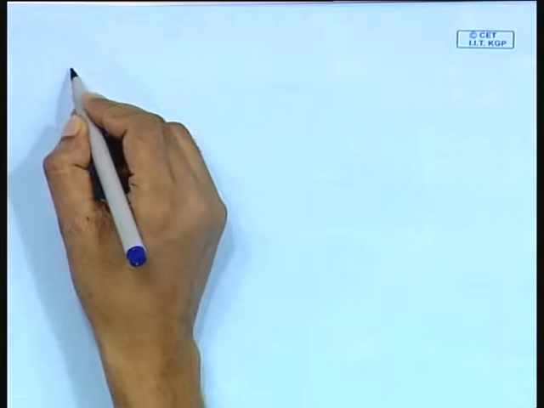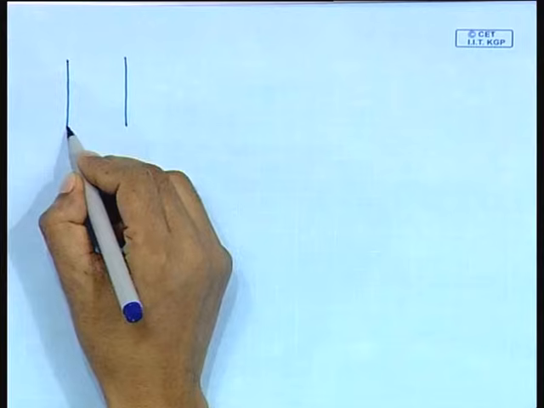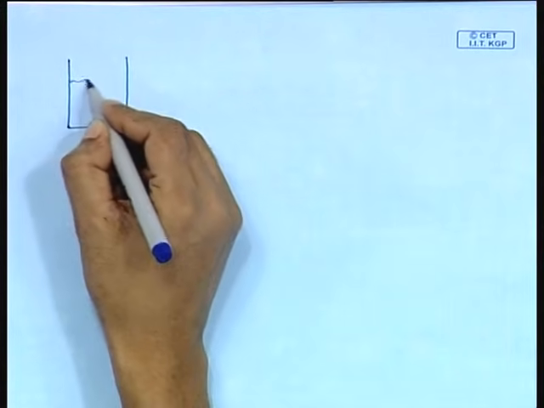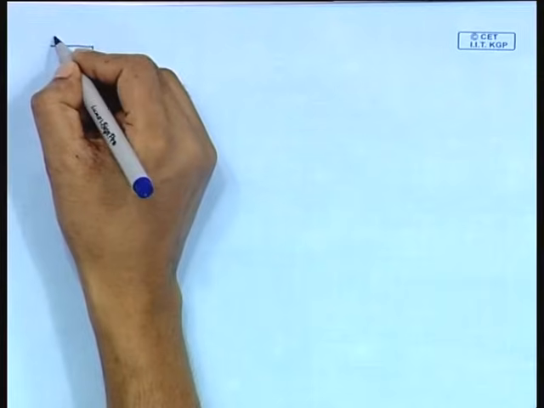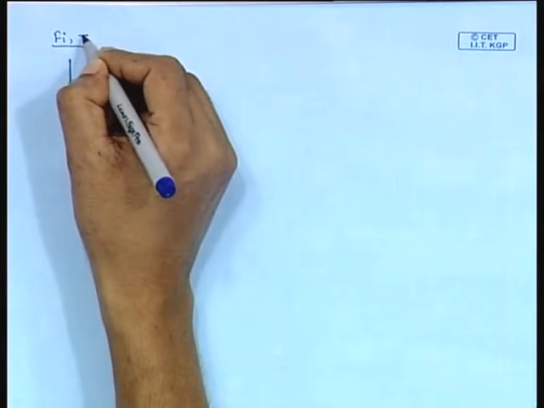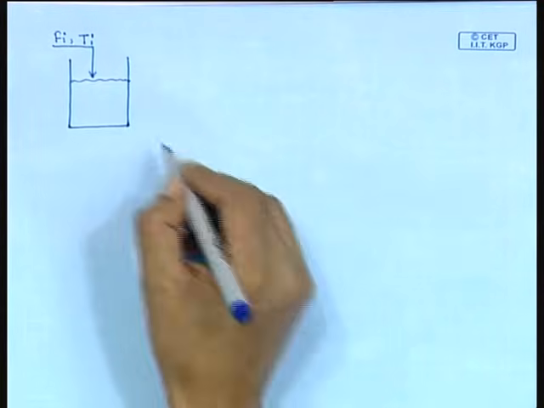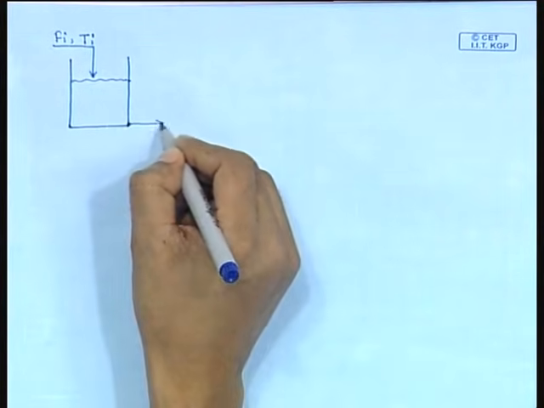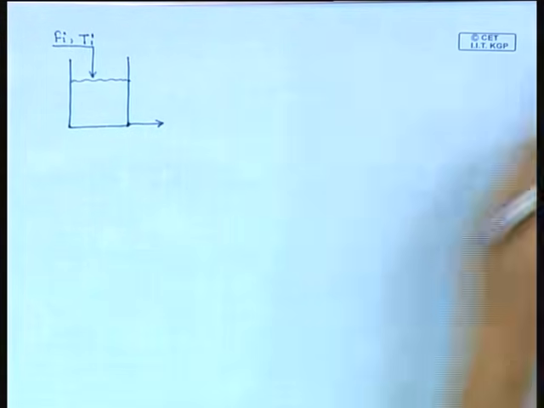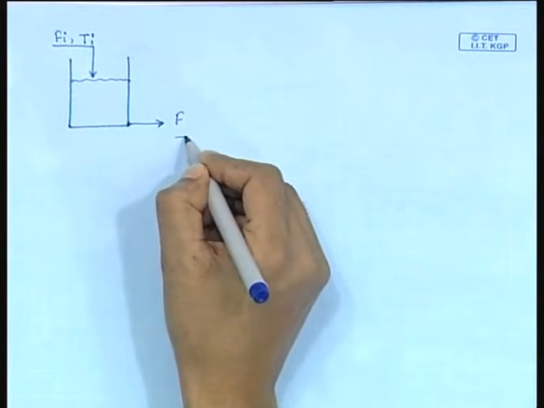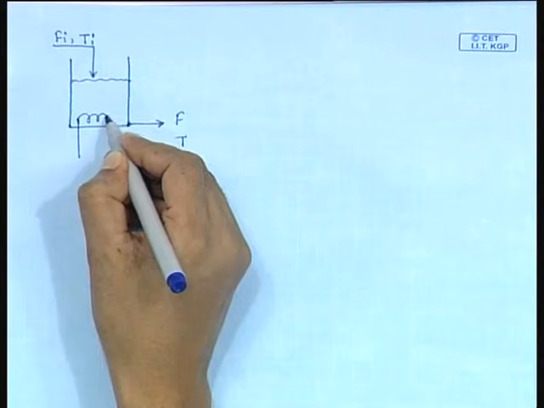Next, we will take another example to know about all these variables. That example we have considered is the heating tank system. So, this is a heating tank system. The inlet stream has flow rate Fi, temperature Ti, and it has the outlet flow rate of F and temperature T. Steam is introduced through this coil.